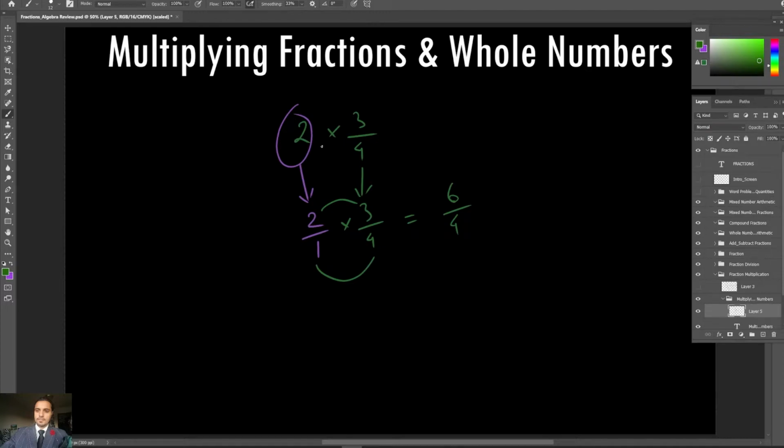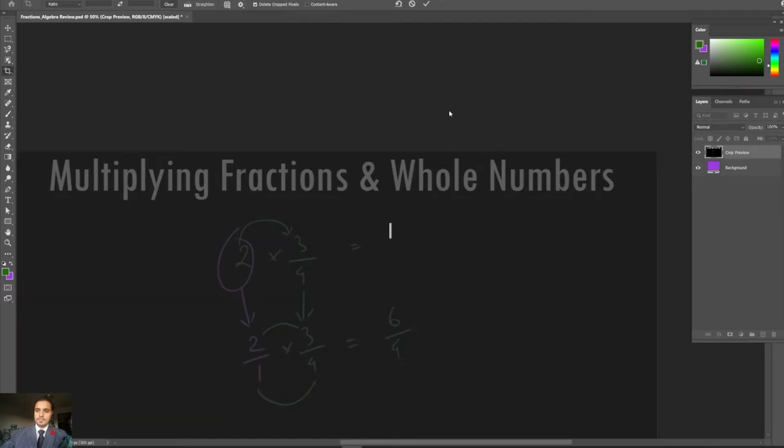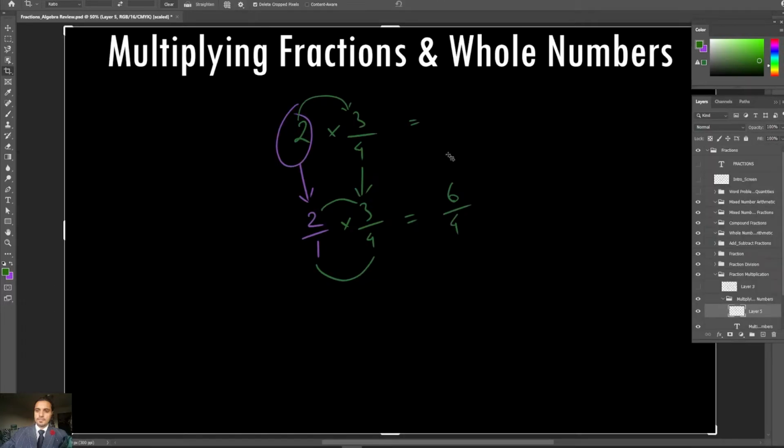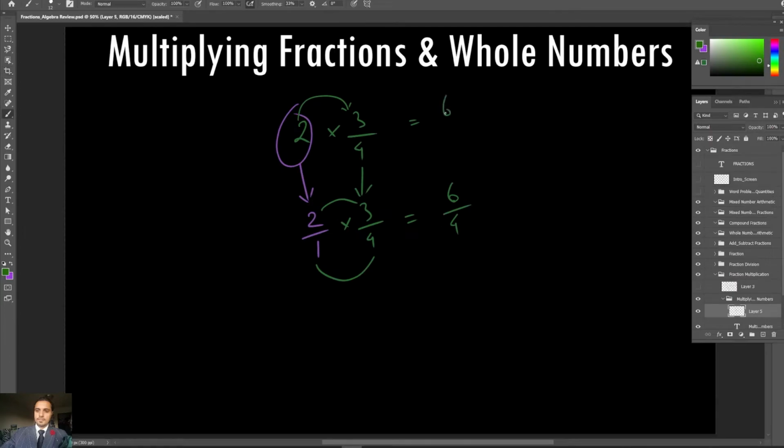The other way you could have done it is you just would have multiplied the whole number with the numerator of the fraction. 2 times 3 equals 6, divided by just 4, because the numerator of the fraction just gets replaced.